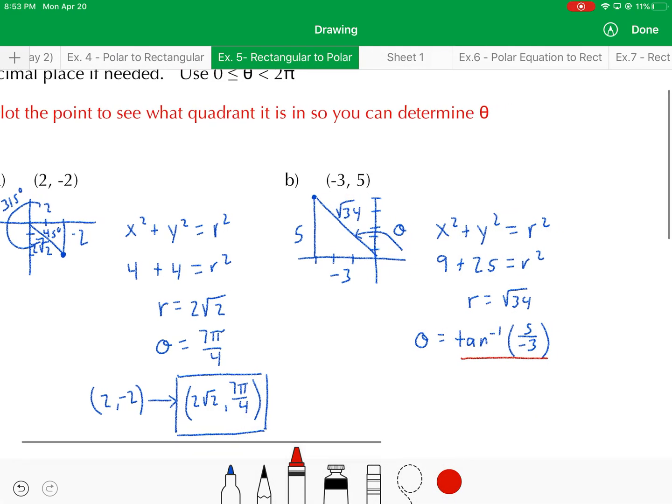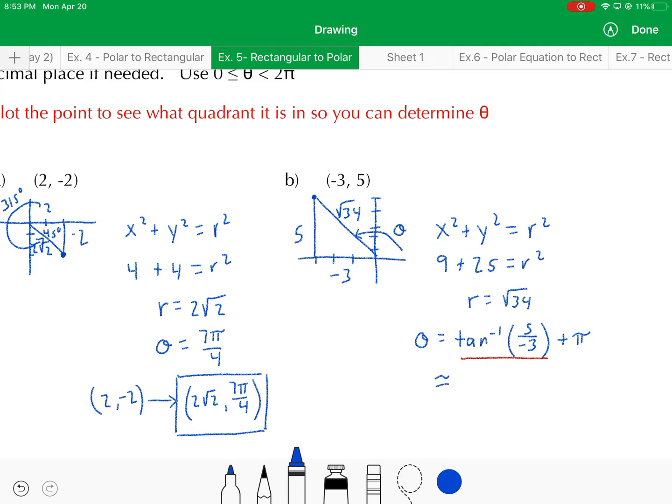If that is a fourth quadrant angle, it's going to be expressed as a negative value, and I want to think of theta as a second quadrant angle. In this case, all I need to do is add pi to that in order to come up with my actual measure for theta. Okay, so you'll need your calculator for this.